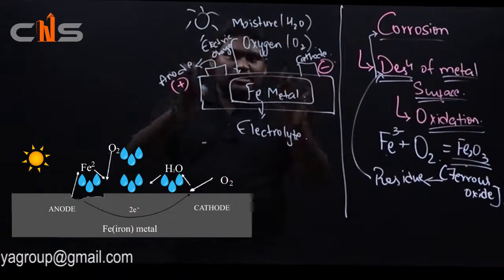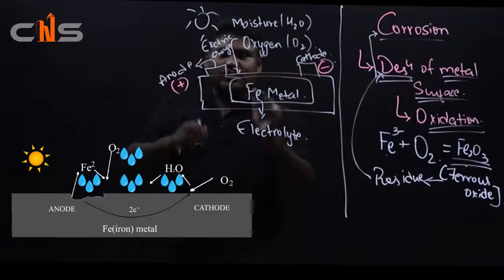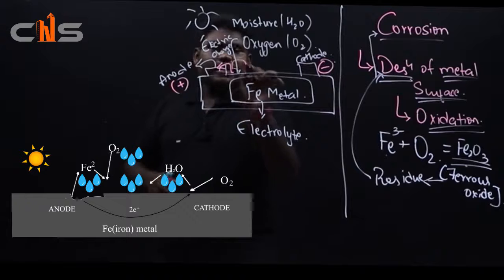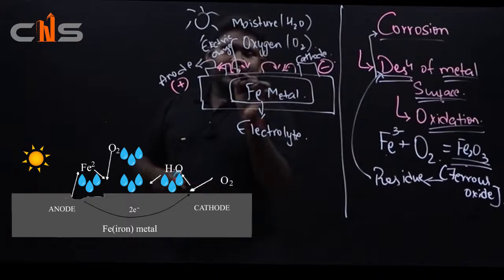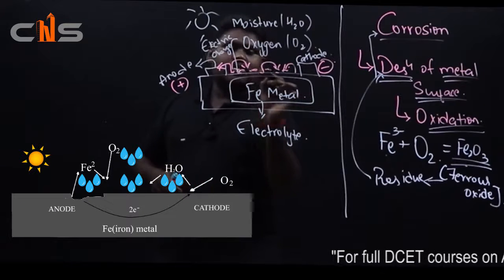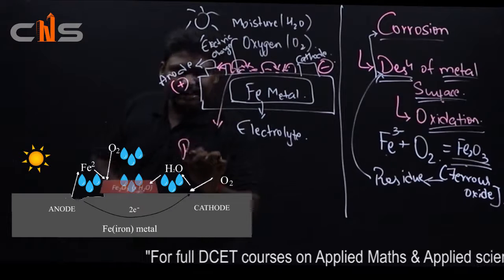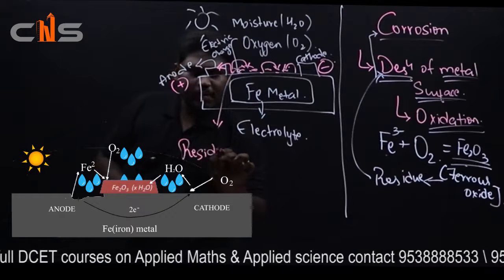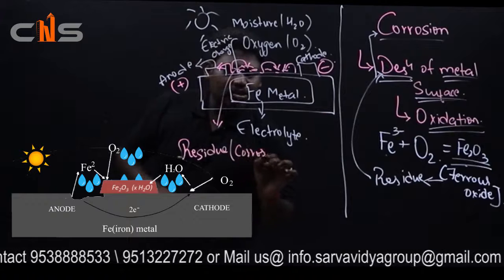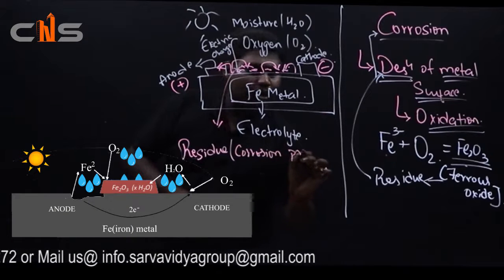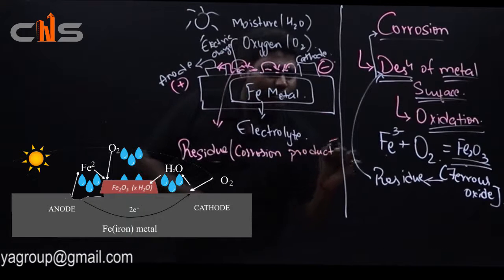This deposition is again from the metal surface. So this metal surface deteriorates and gets deposited on the surface, and this deposition is called as the residue. So this residue is nothing but the corrosion product. Clear?